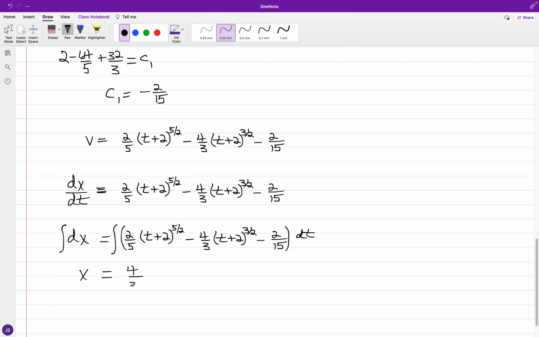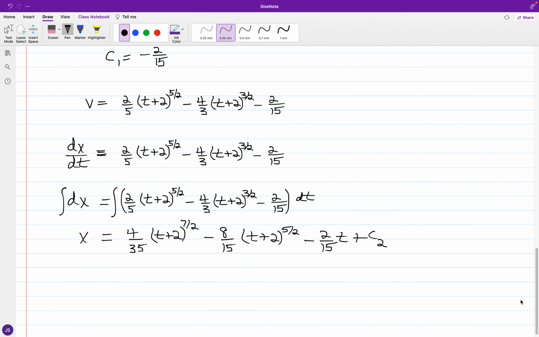So this will be 4/35 of t plus 2 to the 7 halves, and we have minus 4/3, this will be times 2/5, so minus 8/15 of t plus 2 to the 5 halves, and we have minus 2/15 of t, followed by the second constant.